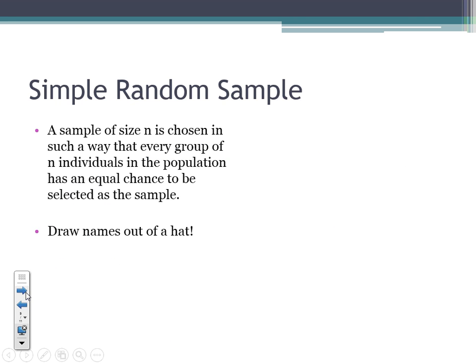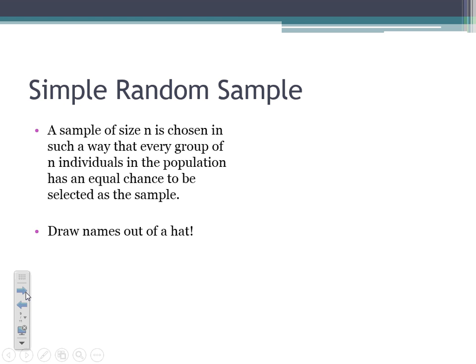All right, so let's start out with a simple random sample. Okay, and the whole idea behind a simple random sample is just simply that every group of individuals in a population has an equal chance of being selected as whatever sample we do select. All right, so there's no bias involved. Everything has a fair chance at being a part of our data. All right, and the most simple type of simple random sample is just drawing names out of a hat, right?